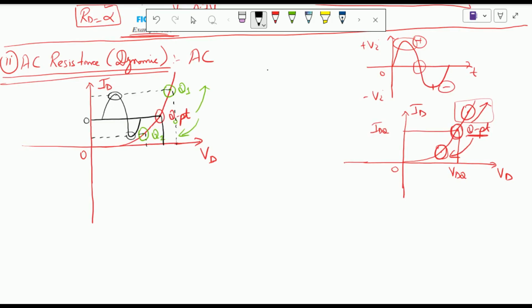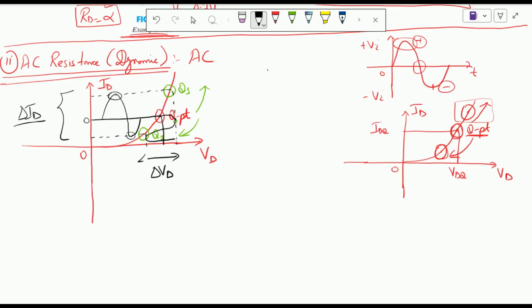This region is the change of current in terms of the Q point. Similarly, I can draw this in terms of the change of voltage. If this is my signal, I can draw it like this. This is for my voltage. Here the voltage is also changing from a maximum point to a minimum point.